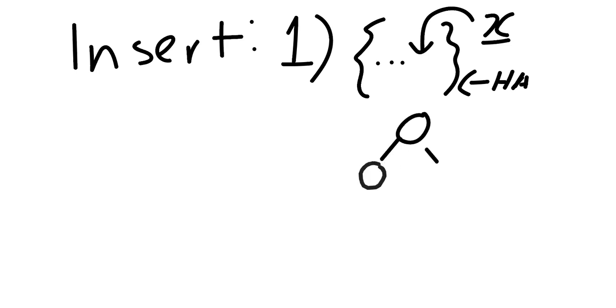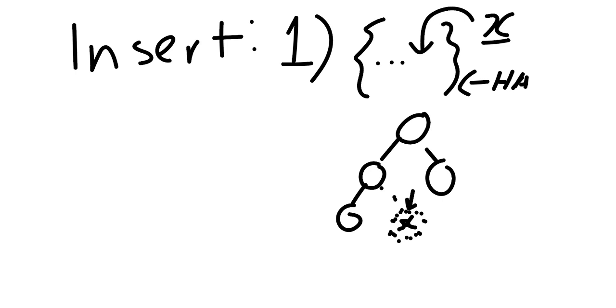Say we have a heap that looks something like this, so this is our current heap. Then we're going to insert it over here. This is where we insert the element x. So that's what we'll do first.